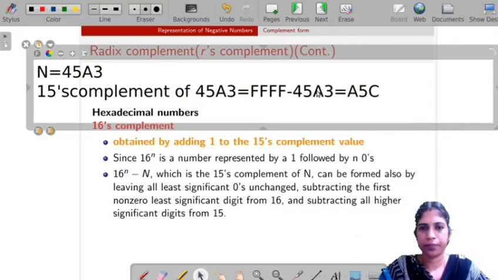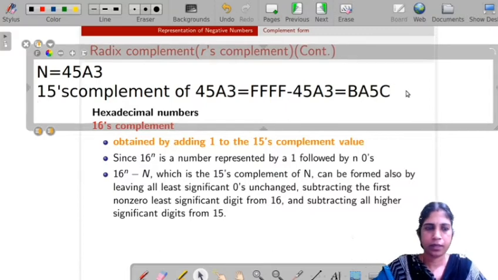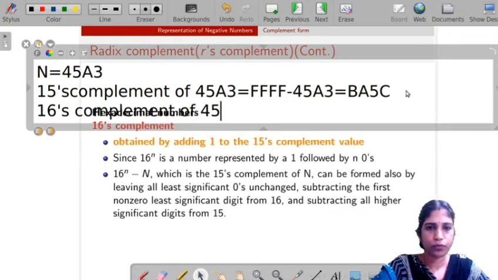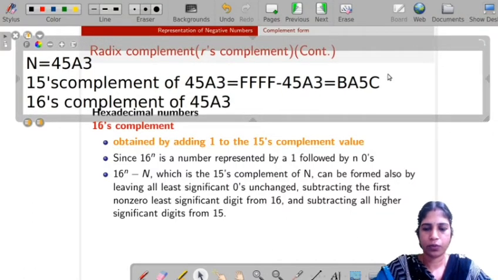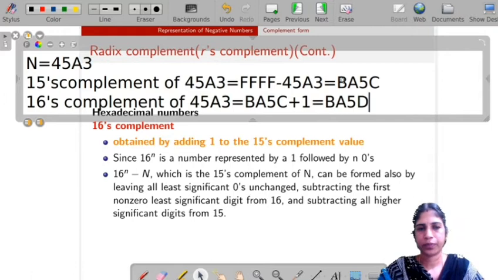That is A. Then F minus 4 is equal to 11. That is B. So we get BA5C. Then next we find out the 16's complement of 45a3. That is equal to 15's complement plus 1. C plus 1 is equal to D. That is BA5D.